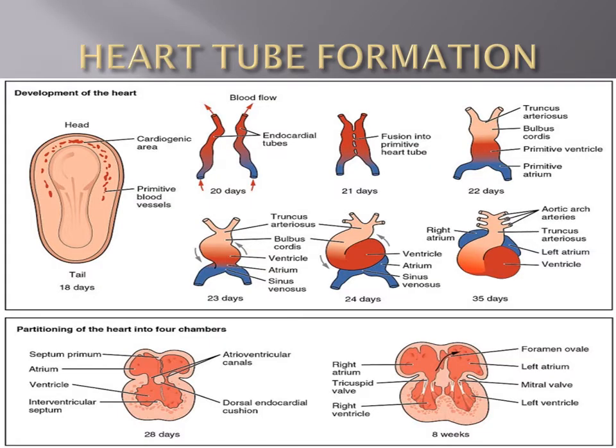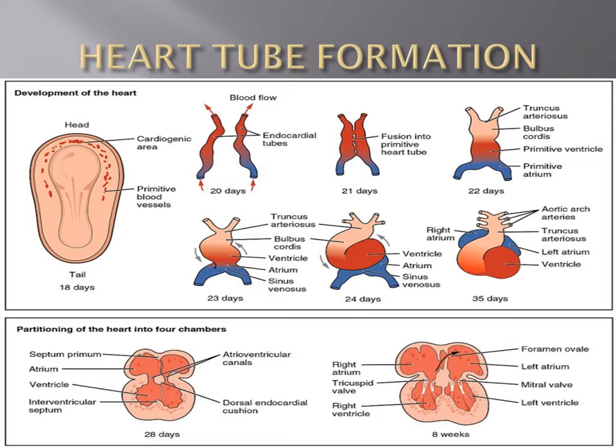This is the line of migration along the dorsal mesentery from each side, right and left side of the baby. They will migrate to the front side. They will form here the cardiogenic area or the primary heart tube, okay, from each side by about 16 to 18 days, nearly 20 days.